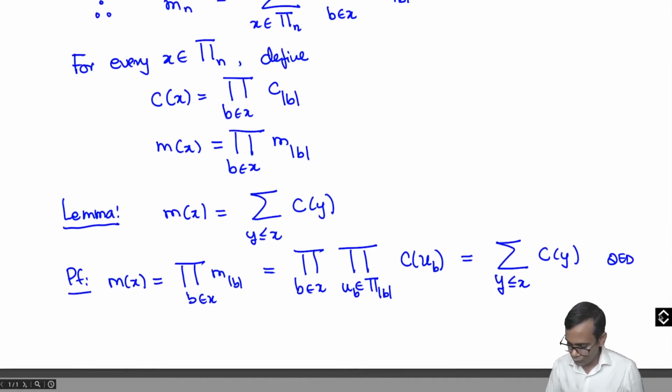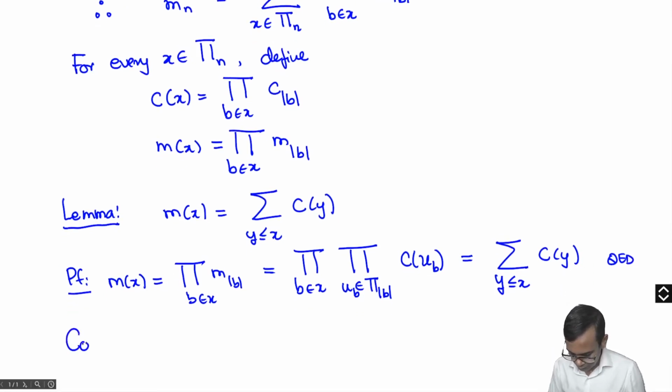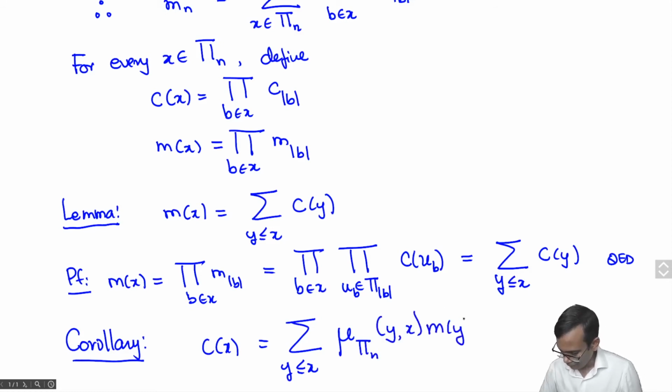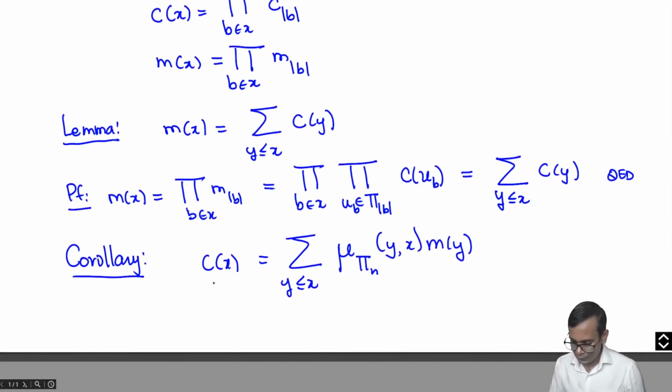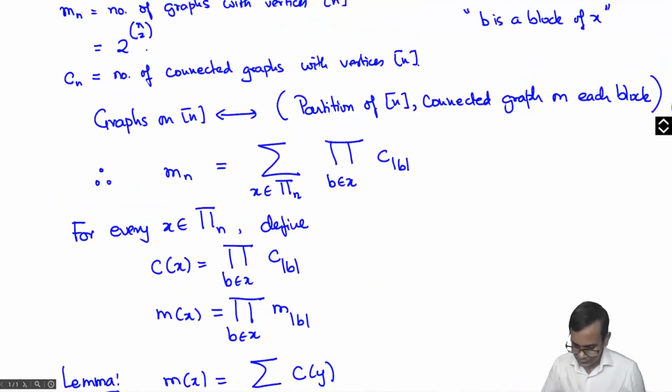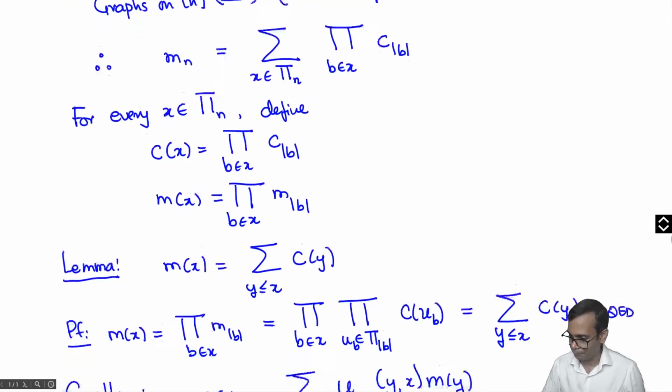An immediate consequence using Möbius inversion is that C(X) is equal to the summation over Y less than or equal to X of the Möbius function on Pi_n of (Y, X) times M(Y). And so I can express the number C(X) in terms of the numbers M(Y), and from this I can extract the sequence C_n from the sequence M_n.